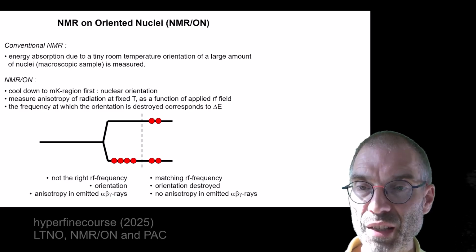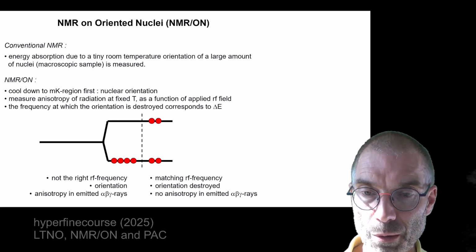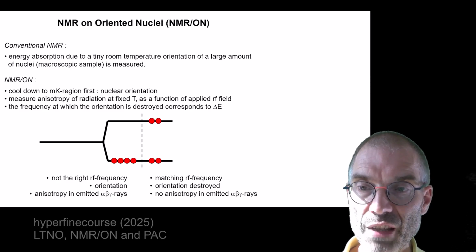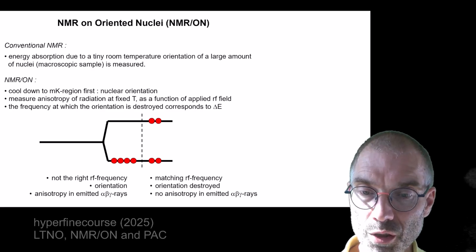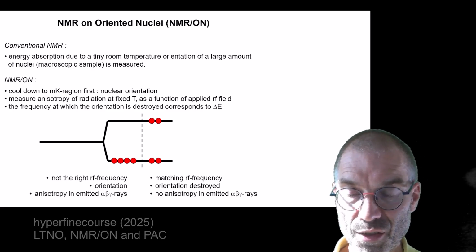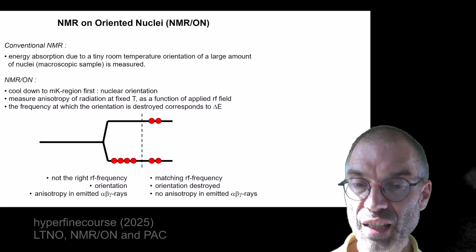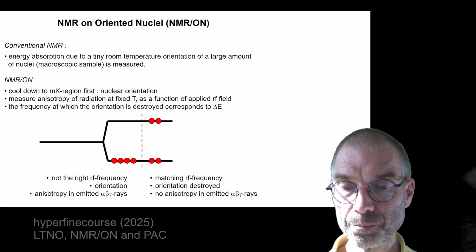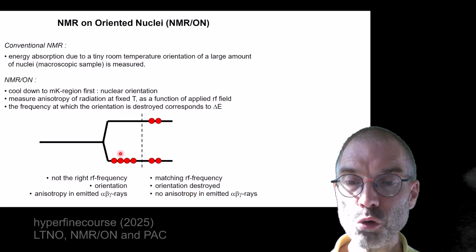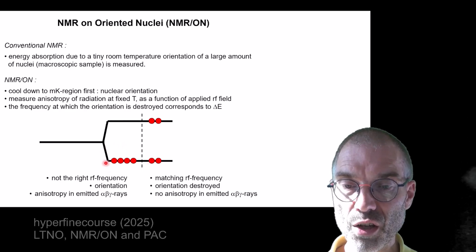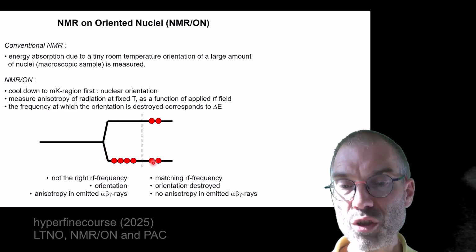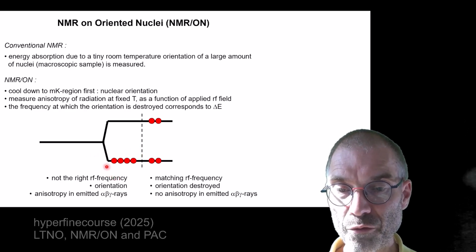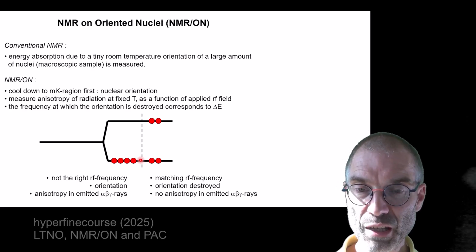The principle is different. We bring a nucleus to a very low temperature, such that we get this spontaneous orientation of the nuclear ensemble. We go to a full occupation of these lowest levels here. At the lowest possible temperature, we have a full occupation of the lowest level.